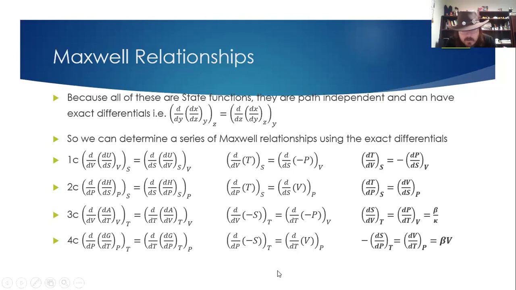The same thing here. We can look at how entropy and pressure change, or we can exchange this for how volume changes with temperature at a constant pressure. How does volume change with temperature at constant pressure? We found that to be beta times volume. So we have these Maxwell relationships that we can exchange.